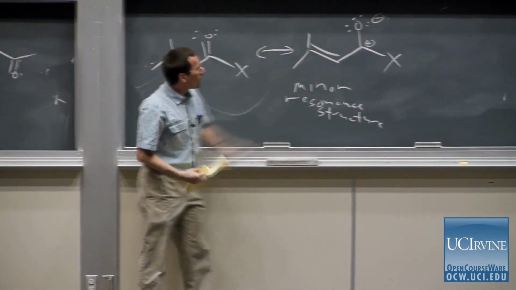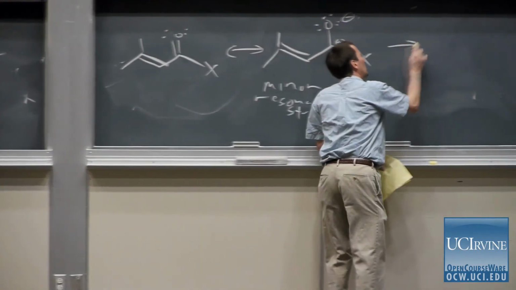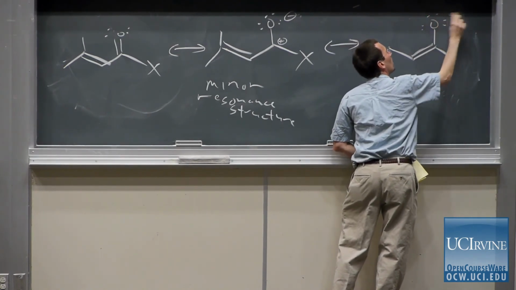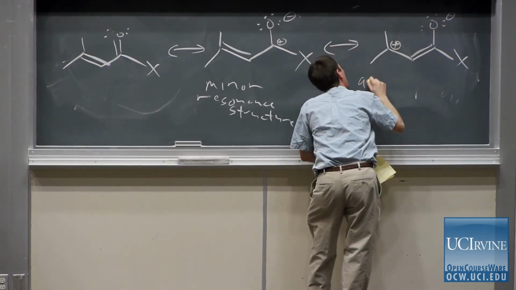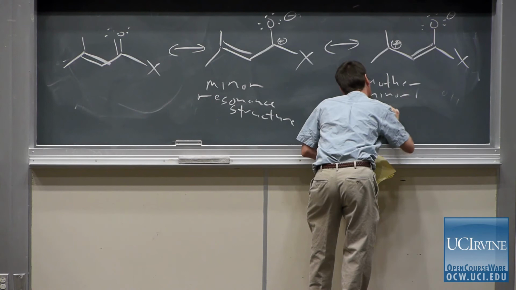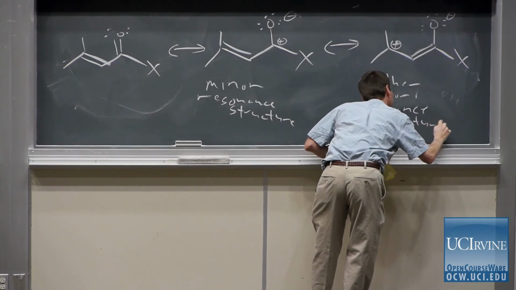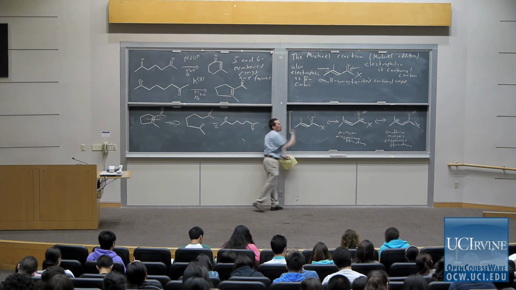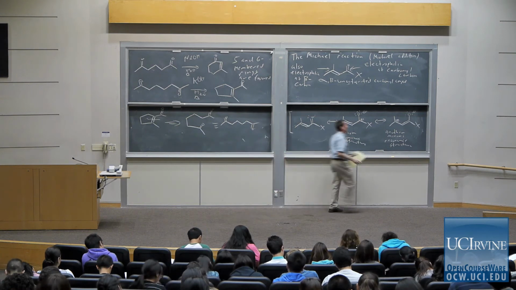But now, with the double bond, we can write yet another resonance structure, also a minor one. Collectively, these three resonance structures make up a more complete picture of the reactivity of the molecule.